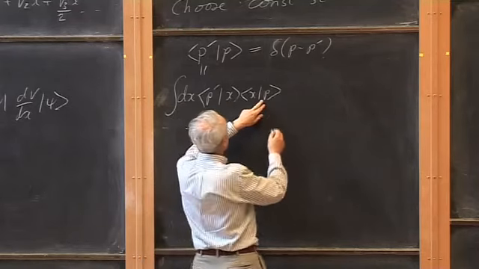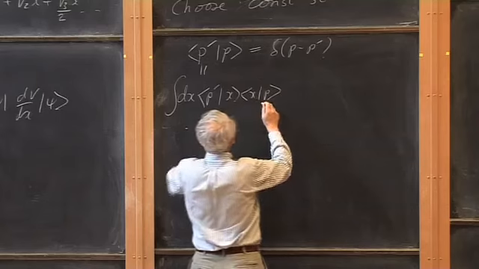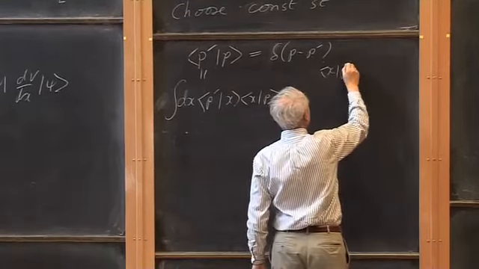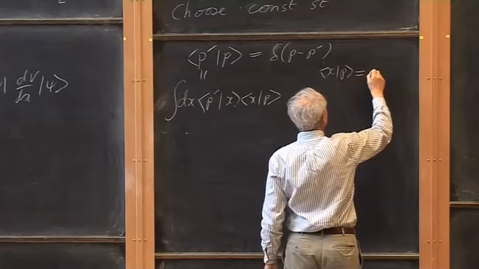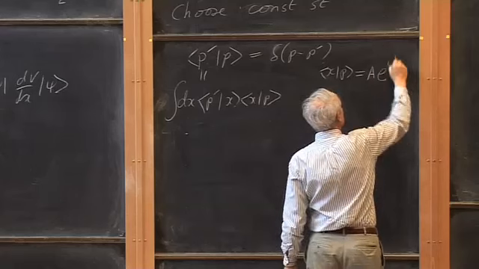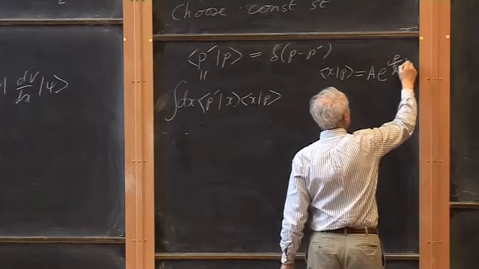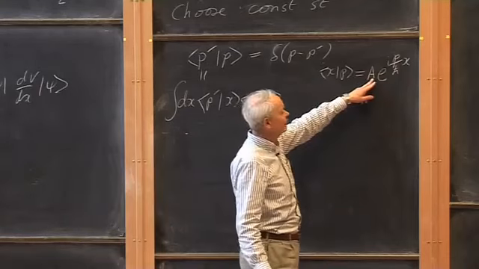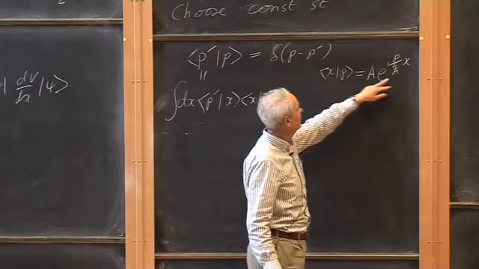And we're going to say that <x|p> is equal to some normalizing constant a times e^{ipx/ħ}, right? And the name of the game is to find the value of this, because we know that this thing is this.